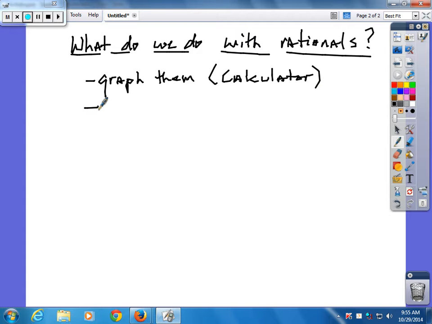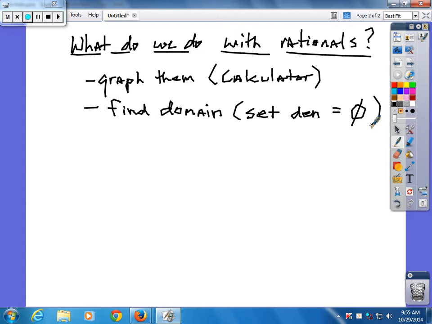After you graph them, what else can you do? Well, usually find the domain. That's one of the main questions that's asked of these problems. And you do that by setting the denominator equal to zero. Why? Because that's the only number that you can't have in the denominator. What else can we do?